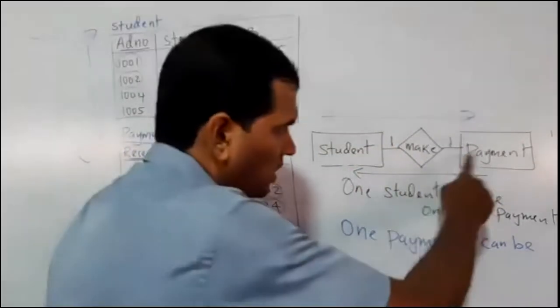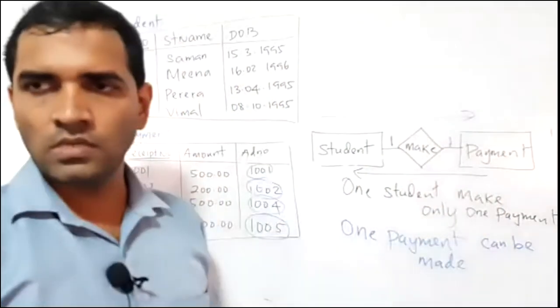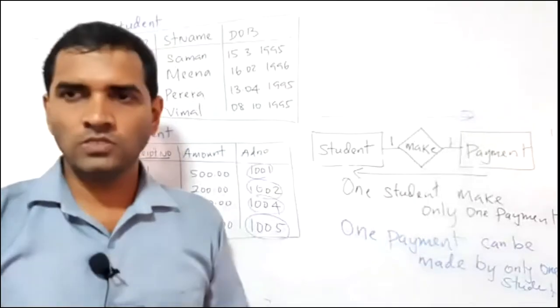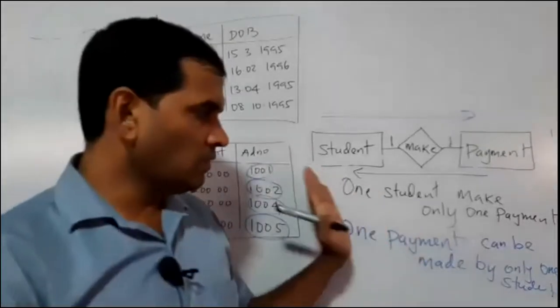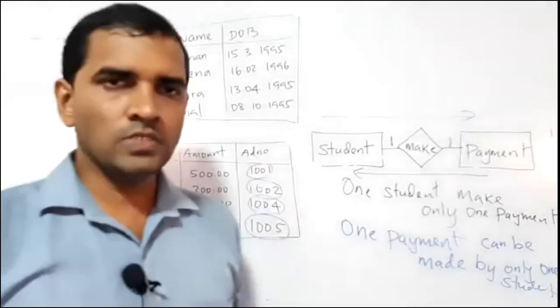So one payment can be made by one student. Right. So made by only one student. Only one student. This is the meaningful description extracted from this table.